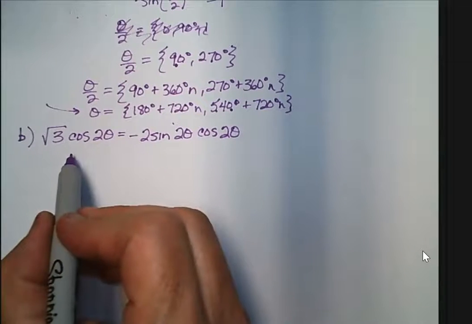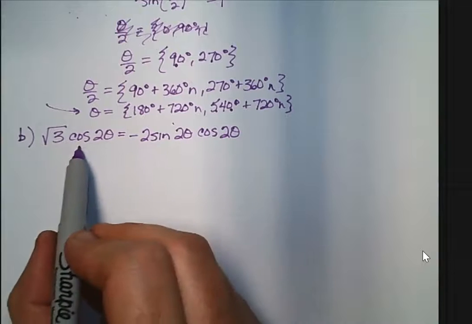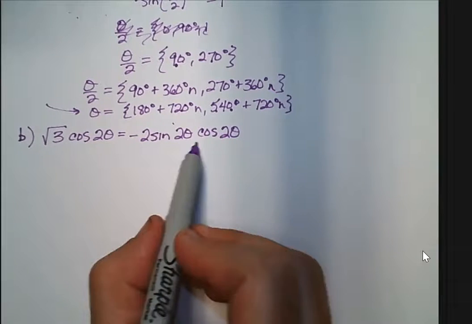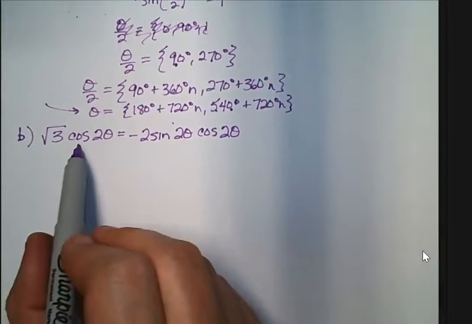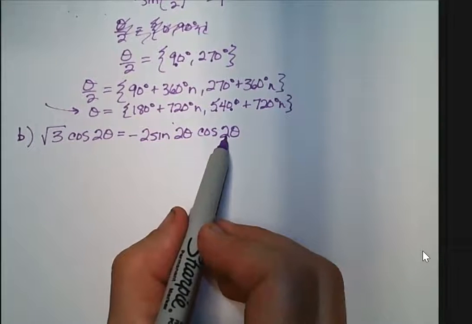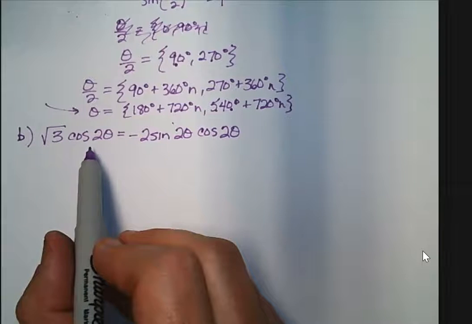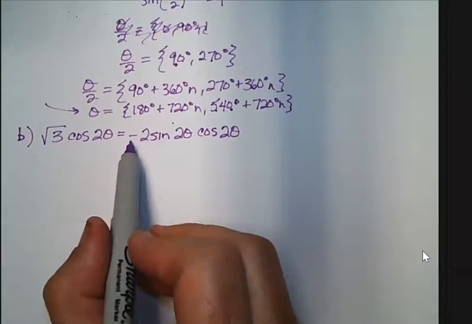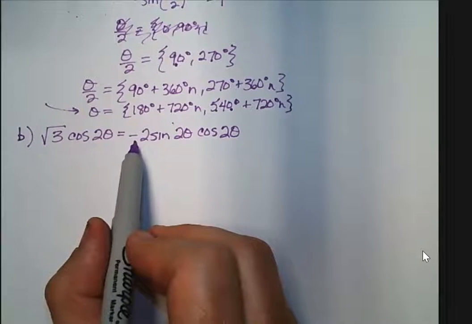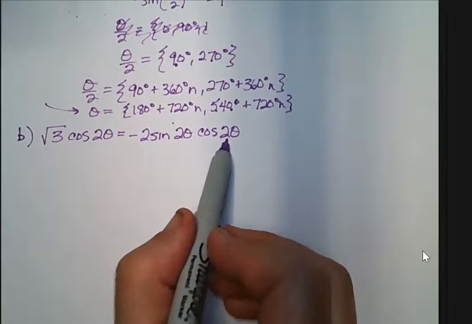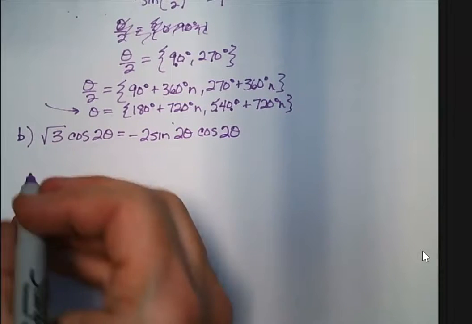Now let's do 7b. In this one, since we have things on both sides, again, we don't want to cancel out the cosine of 2 theta, even though we have it on both sides. Canceling it out is going to cancel out some of our solutions. So instead of doing that, let's add this whole term to both sides so that we have a 0 on this side.